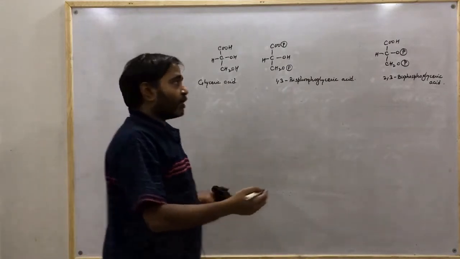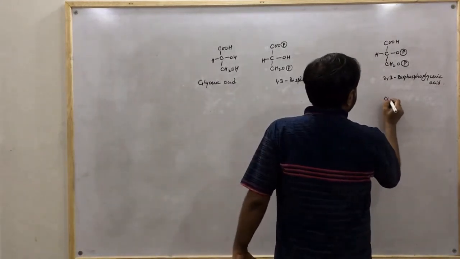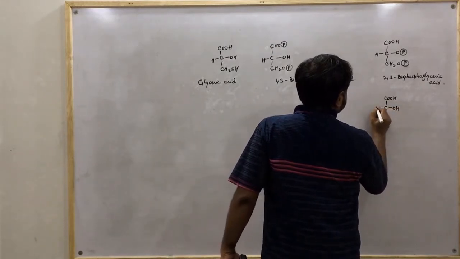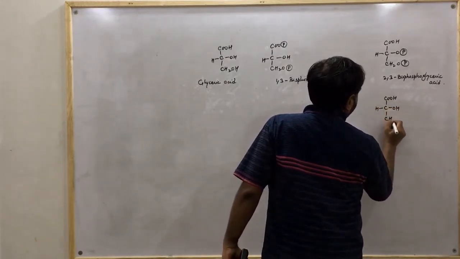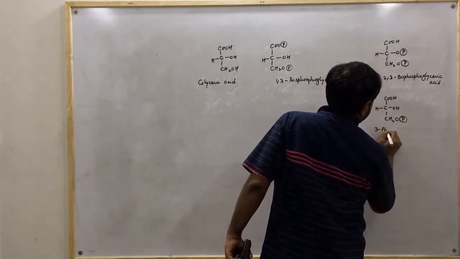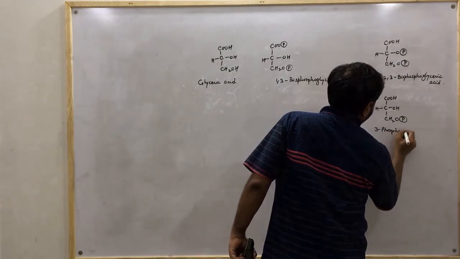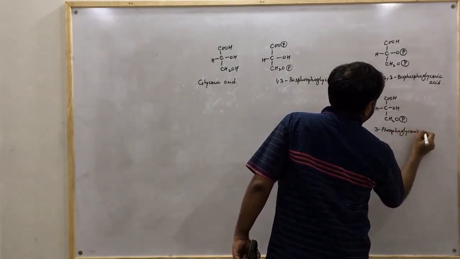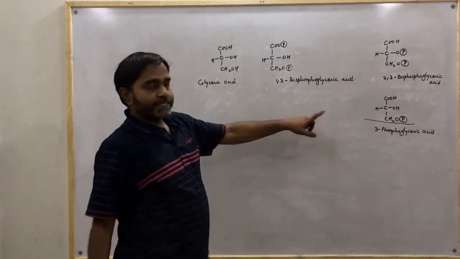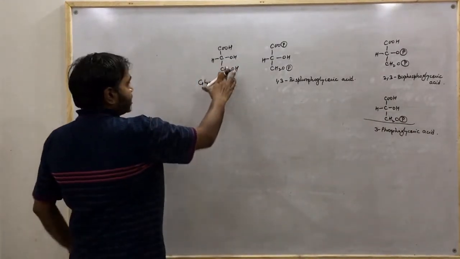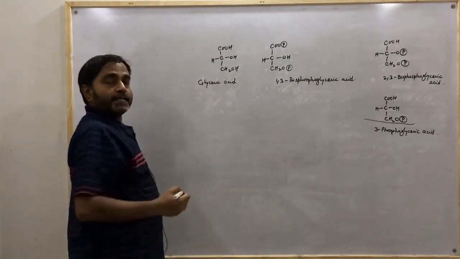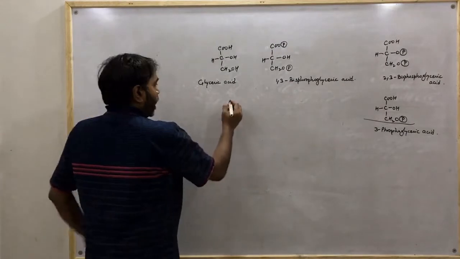And if you want to make 3-phosphoglyceric acid, you can easily make it out. How? This will be 3-phosphoglyceric acid. Here you have seen this is the glyceric acid molecule, and in case you want to represent it in the form of glycerate, how will you make it?